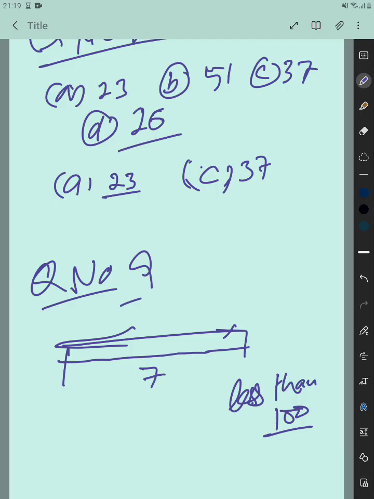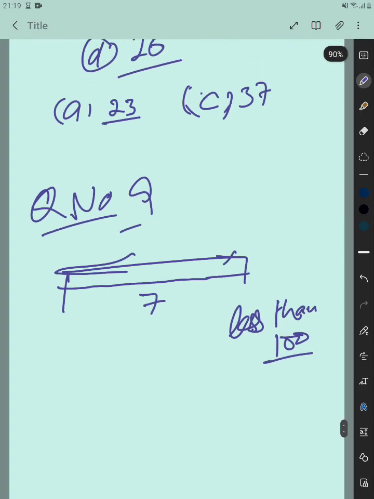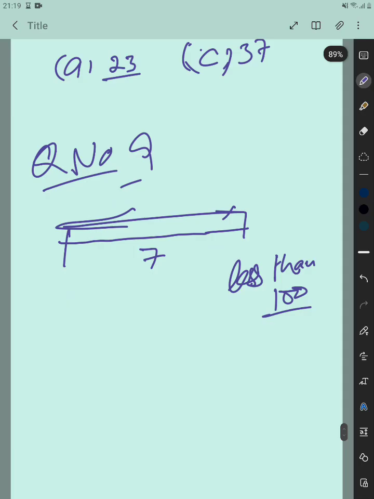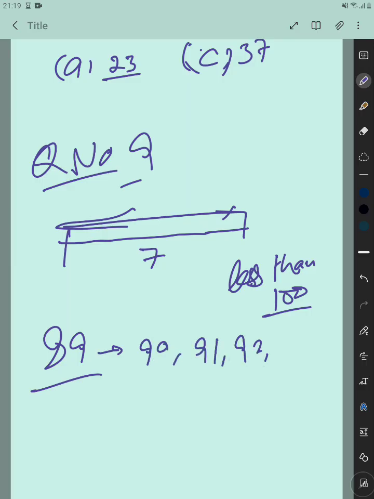There is only one such set of 7 consecutive numbers where there is no prime number. So if you count after 89, which is a prime number, you start with 90, 91, 92, 93, 94, 95, and then 96, and now it comes 97.